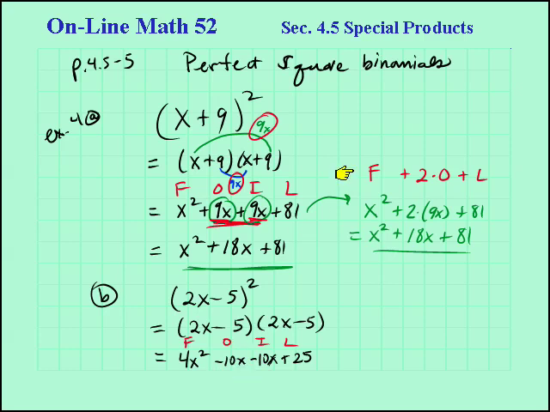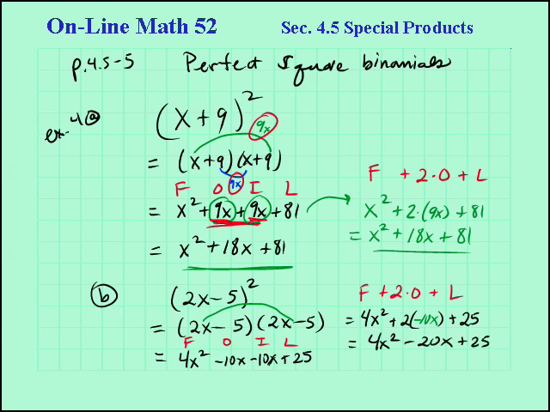If we tried it with this idea, F plus 2 times the outer plus L, we get 4x squared plus 2 times the outer. Well, what's the outer? The outer here is 2x times negative 5. That's negative 10x. Plus the last, negative 5 times negative 5, is positive 25. And this becomes 4x squared minus 20x plus 25.